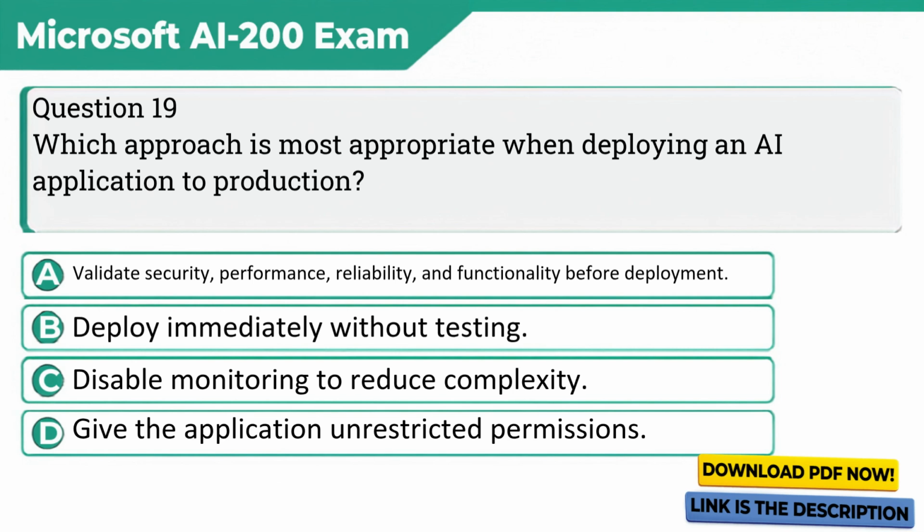Question 19. Which approach is most appropriate when deploying an AI application to production? A. Validate security, performance, reliability, and functionality before deployment. B. Deploy immediately without testing. C. Disable monitoring to reduce complexity. D. Give the application unrestricted permissions.